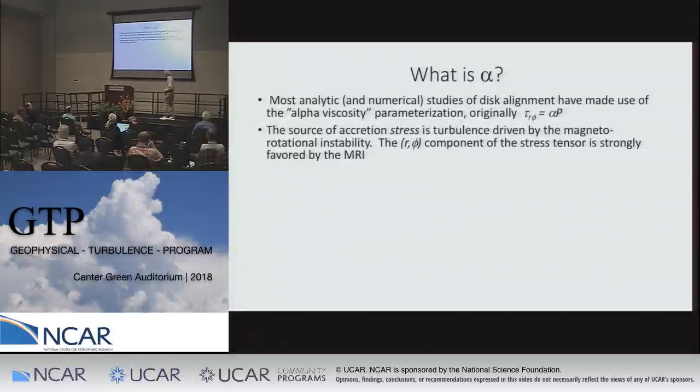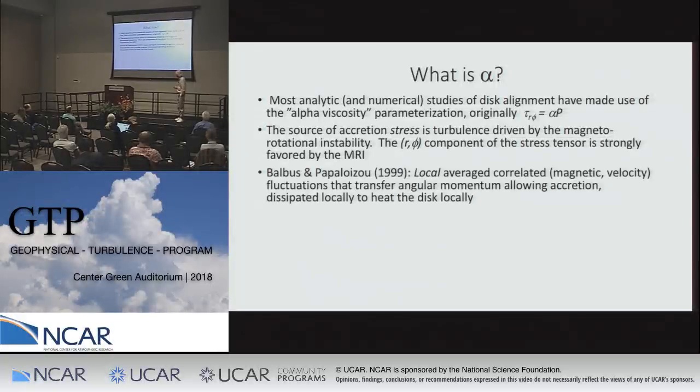Now, we have recently decided, at least I have decided, that the source of the accretion stress, that is the rφ component, is due to magnetorotational turbulence. And again, referring back to Eric's talk this morning, magnetorotational turbulence does not equal viscosity.